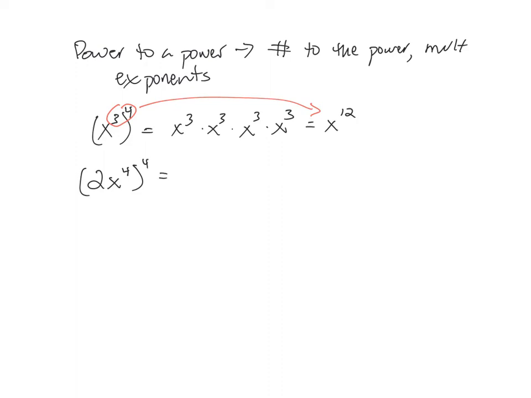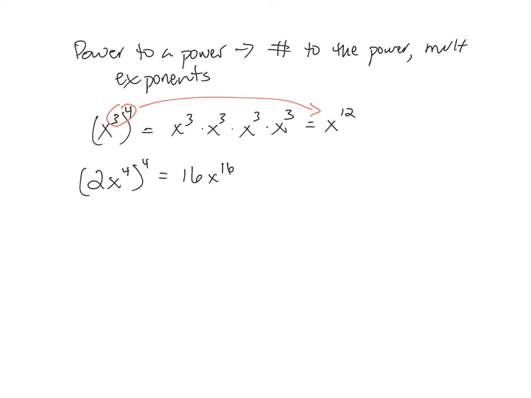Okay, so 2 to the 4th power, number to the power, so the number in the front, 2 to the 4th power, 2 times 2 times 2 times 2. We did that a little yesterday, but you get 16. 2 times 2 is 4, 4 times 2 is 8, 8 times 2 is 16. Multiply the exponents, we get 16 on both of them, because 4 times 4 is 16.